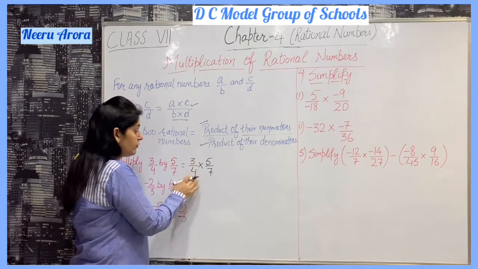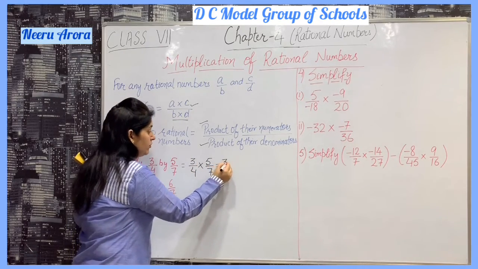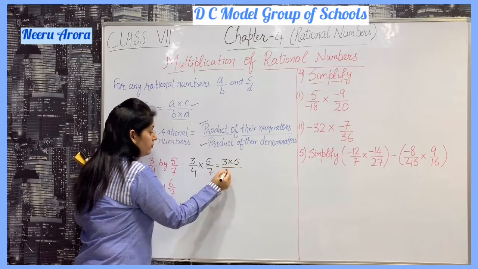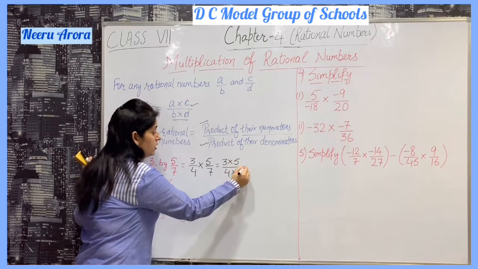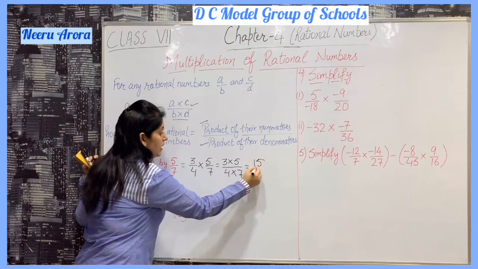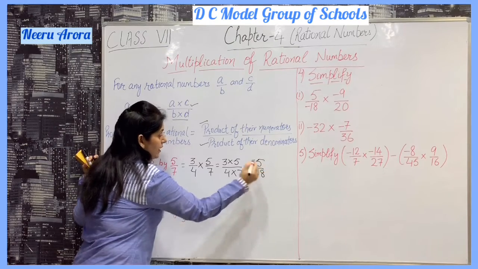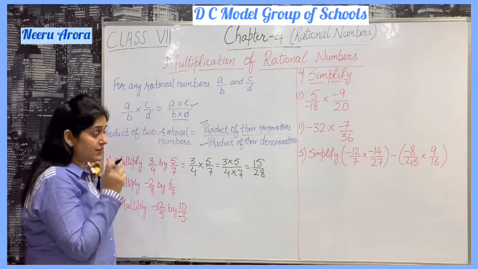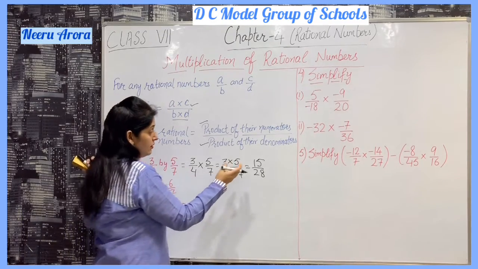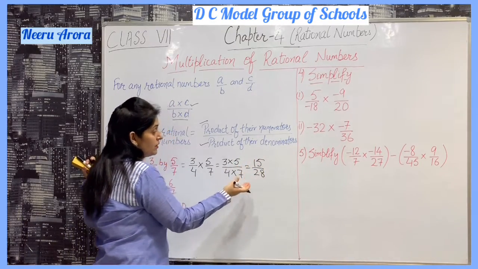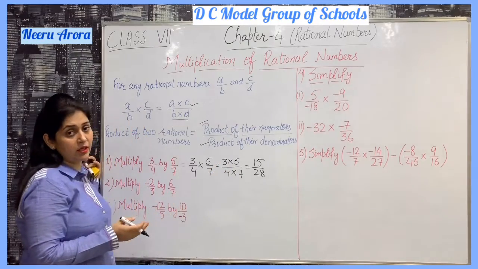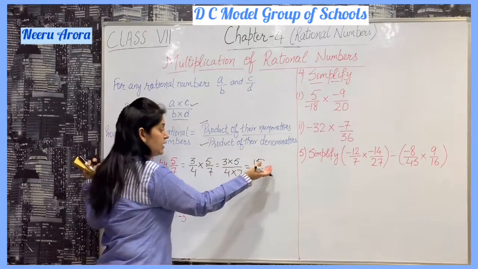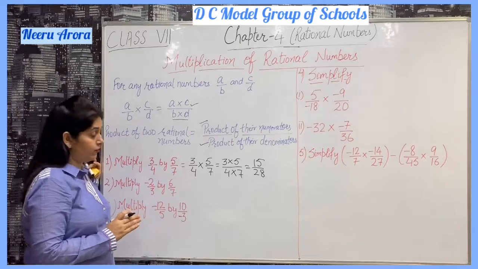No. So we will multiply numerator with numerator and denominator with denominator. Our answer is 15 by 28. Now we will write the answer in standard form. What is standard form? There should not be any common divisor between numerator and denominator. So 15 by 28 is already in standard form.